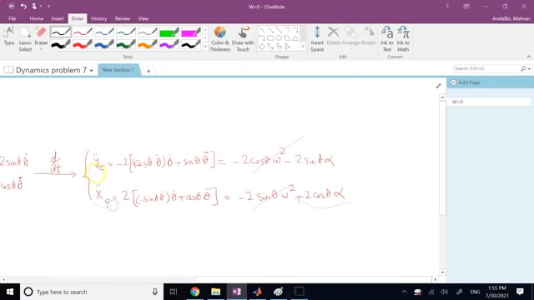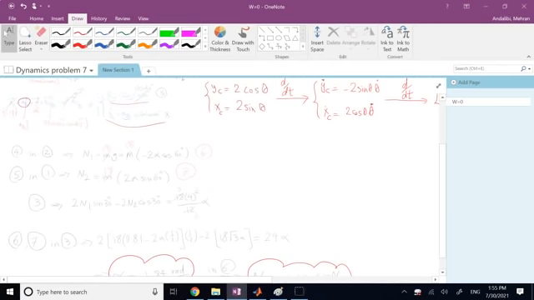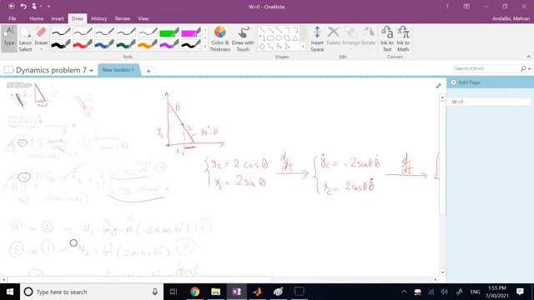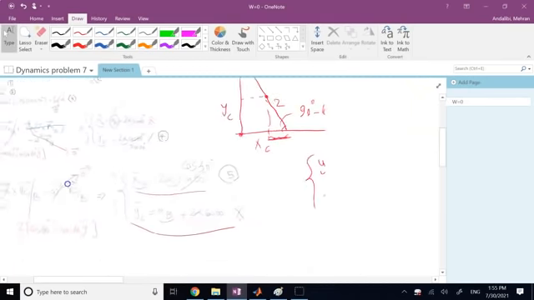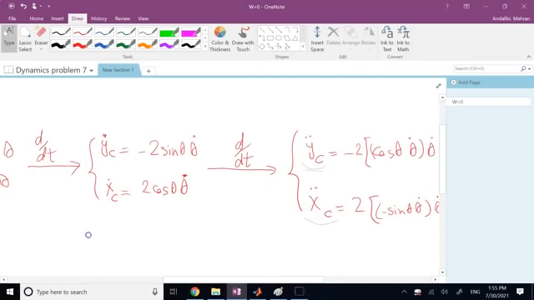That's x double dot, and y double dot is negative 2 sine theta alpha, which again, if you look at this equation, that's the same thing, except as I said, cosine 60 is the same as sine 30 or sine alpha. Okay, so you can see you could get equations 4 and 5 through geometry and taking time derivatives.